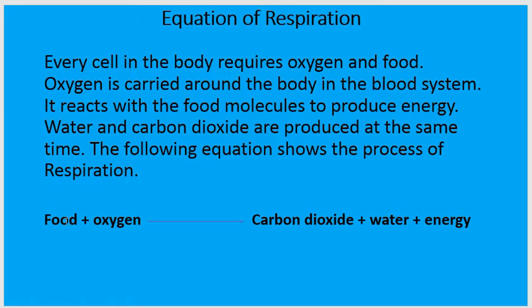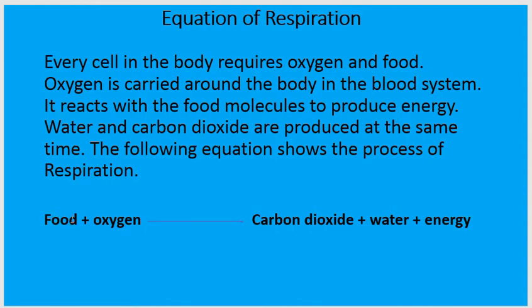When you eat food and you inhale oxygen into the body, both of these two things react with each other. When they react, they produce carbon dioxide, water and energy. This arrow shows the chemical reaction, and these are the products and these are the reactants.